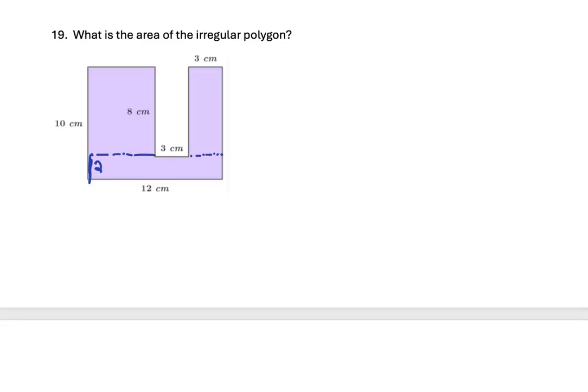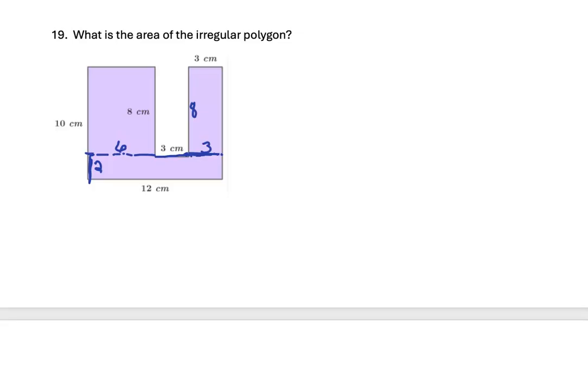And since this total length is 12, and this little part is 3, and this part's 3, that means this length here has got to be 6, right? Because it's got to add up to 12. And since this is 2, because this length is 8, then this length's got to be 8. And all of this is going to help us find the area of these 3 rectangles.